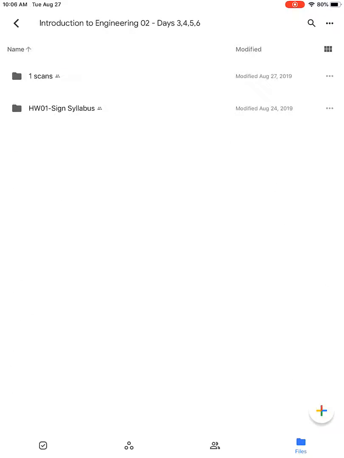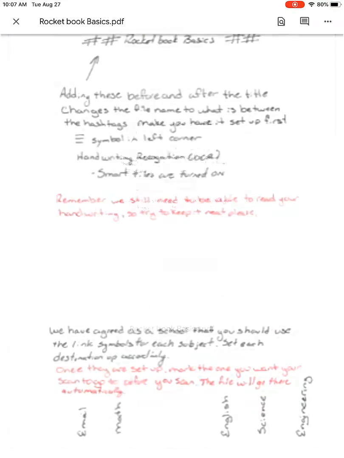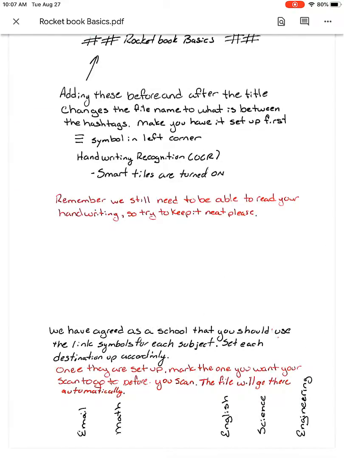There's my 1scans folder, nice at the top because I named it 1. And then there is the Rocketbook PDF that I just created via my scan. So there you can see it. It's legible, you can see the different colors, and it's been saved as Rocketbook Basics per my hashtag title. That's the smart titles option we turned on.